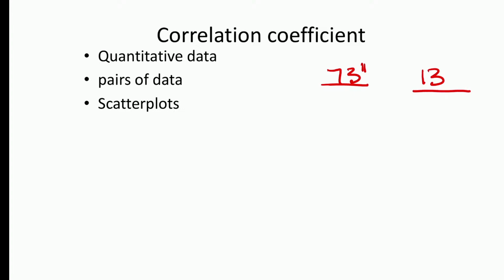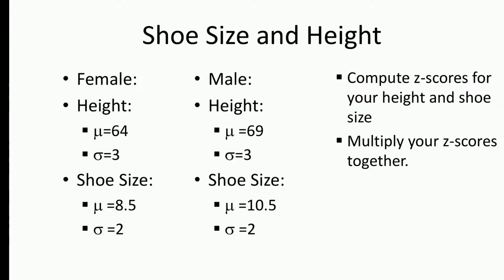In order to compute these, you're going to need to know the average and standard deviation for each of them. So here are males and females. And for female shoe sizes, it is US women's shoe sizing, not men's. So if you want to be super accurate, you could make sure you know your women's shoe size. And for men, it is the US men's shoe size.